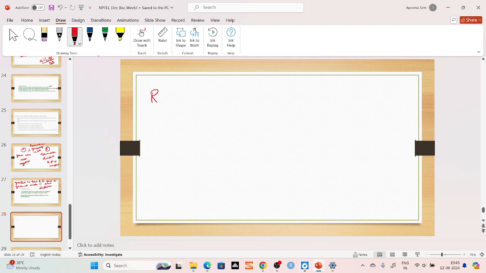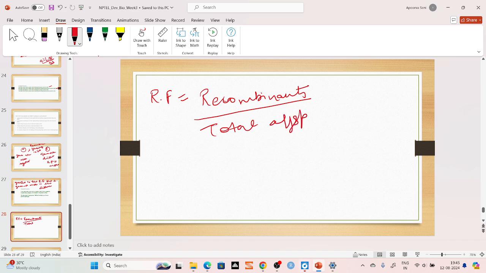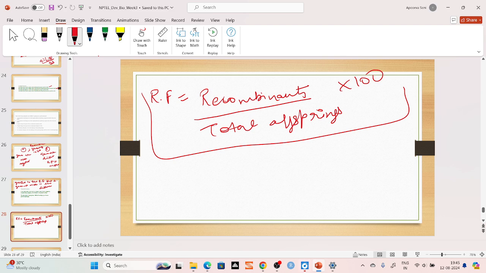This is the formula. Recombination frequency equals the total number of recombinants upon total offsprings, into 100. This is important.